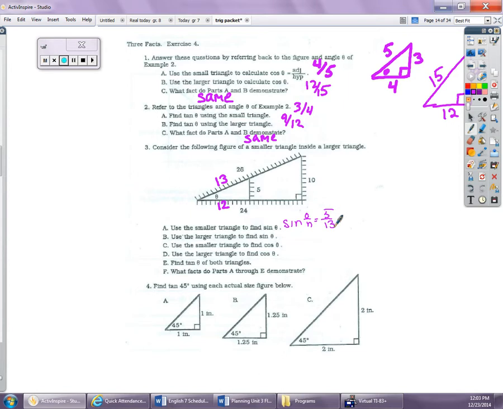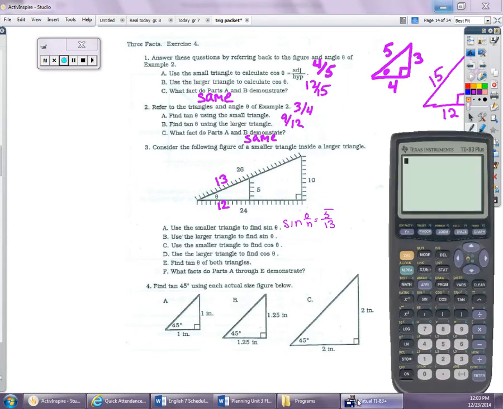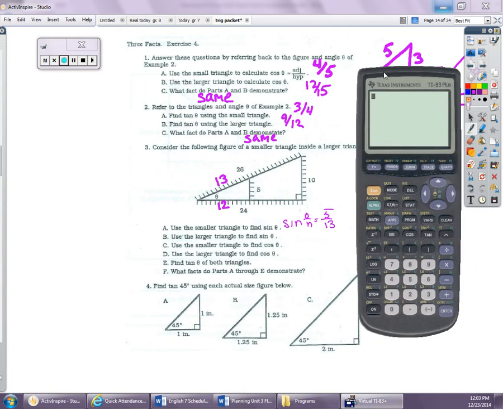What I can do is go to my calculator, and I have a button right here for sine. First thing I have to do is go to my mode and change this from radians to degrees, because I want to find the degrees. Whenever we talk about finding the inverse sine, it'll be in degrees.